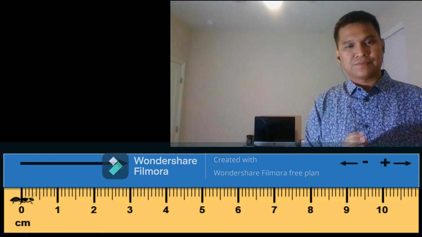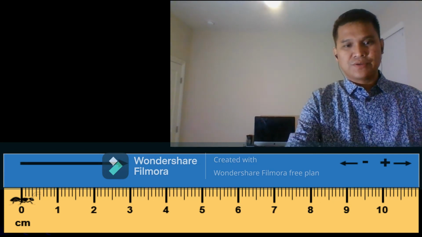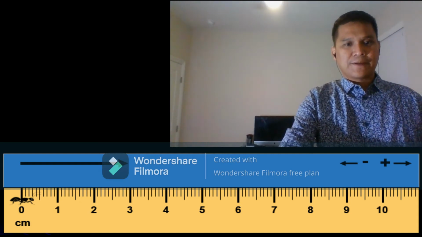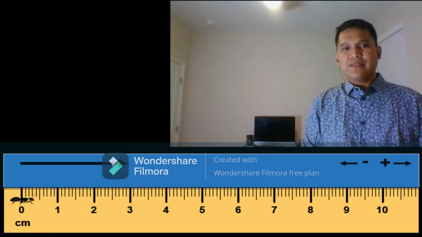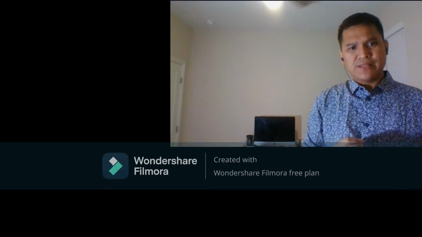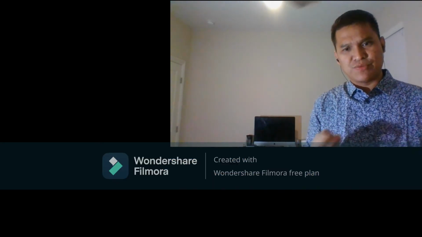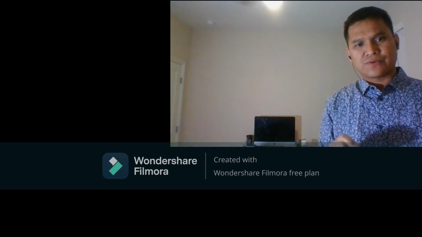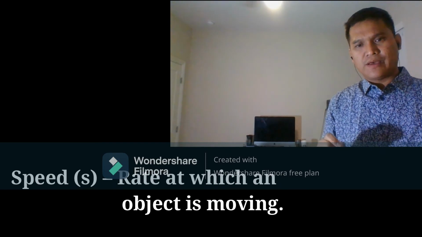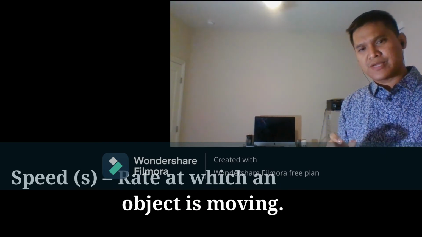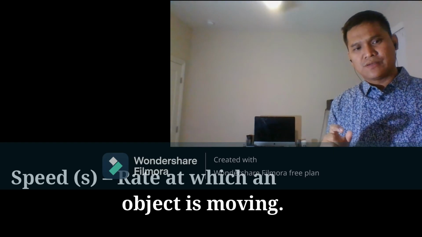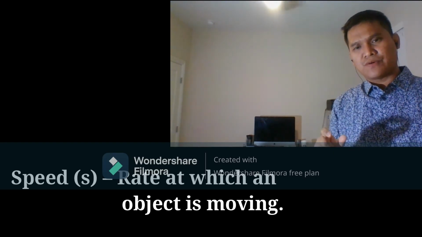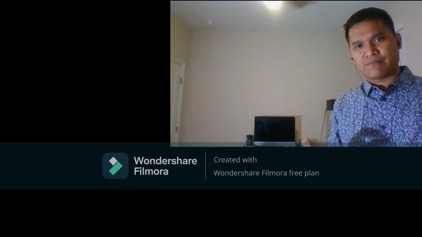All right. So we will proceed to speed and velocity. We will define speed first. Speed is the rate at which an object is moving. We will use the symbol small letter s. The mathematical equation for speed is distance over time.